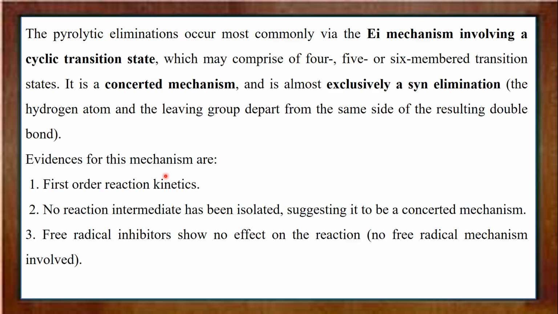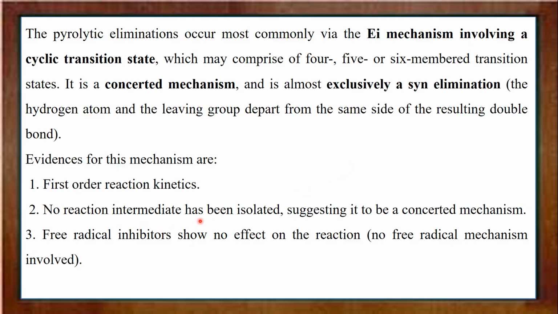So evidences for this mechanism are these reactions follow first order kinetics, and so far no reaction intermediate has been isolated. Whatever the cyclic structure we have discussed are only transition states and not the intermediates.